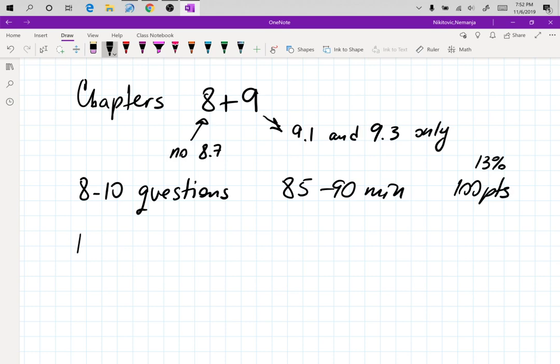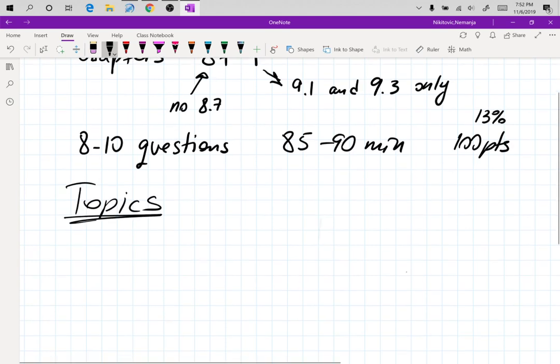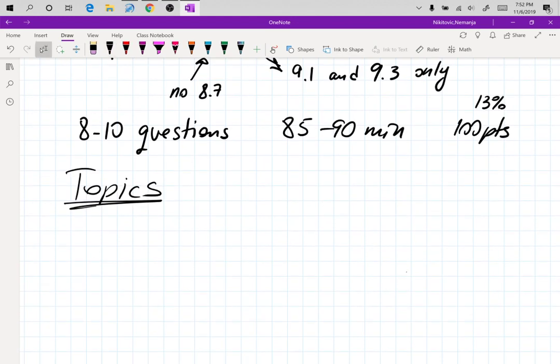So topics. What are the topics? First, I know this is not a concept from Calc 2, but holy nightmare, u-sub. It's going to be there for a lot of problems, right?